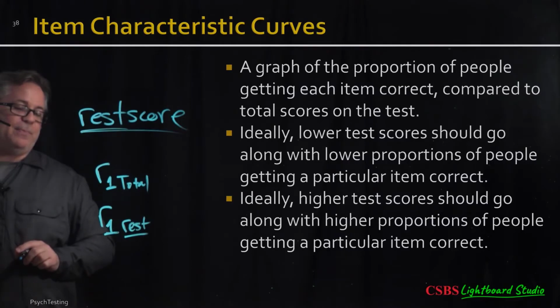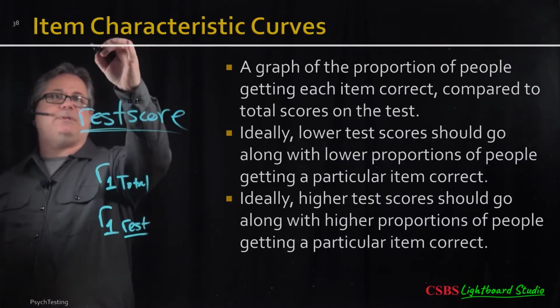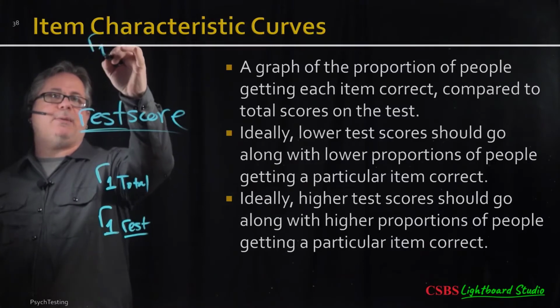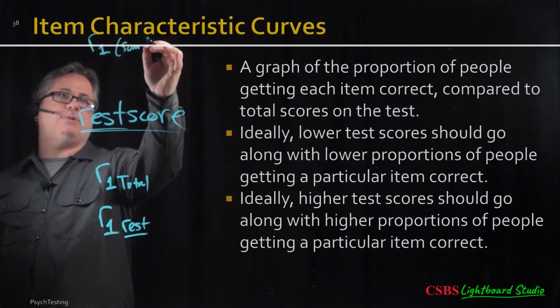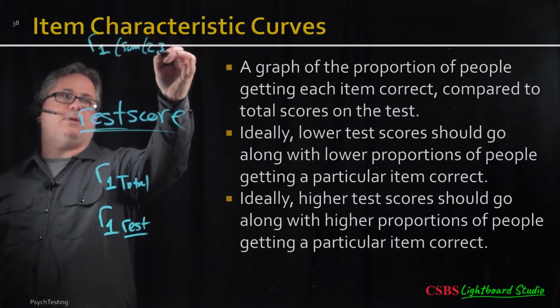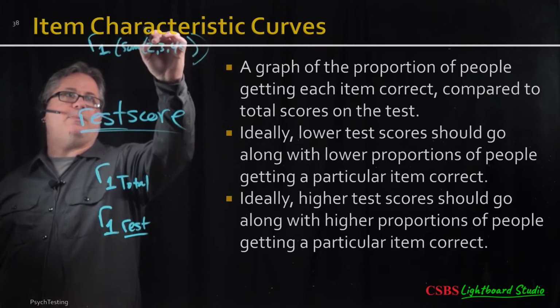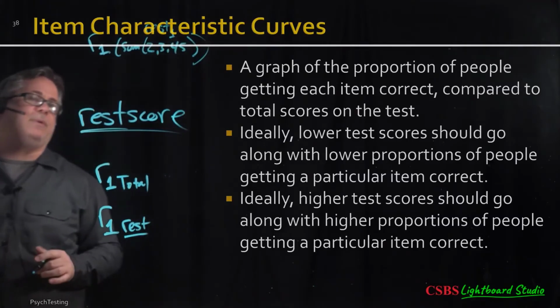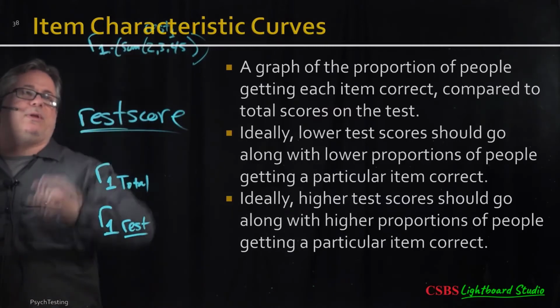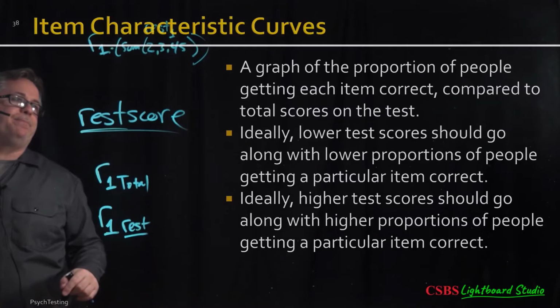So let's say I had a 5-item scale. I would take the correlation between item number 1 and the sum of items 2, 3, 4, and 5. And this would be the rest score relative to item number 1, because item number 1 is correlated with the sum of the rest of the items.